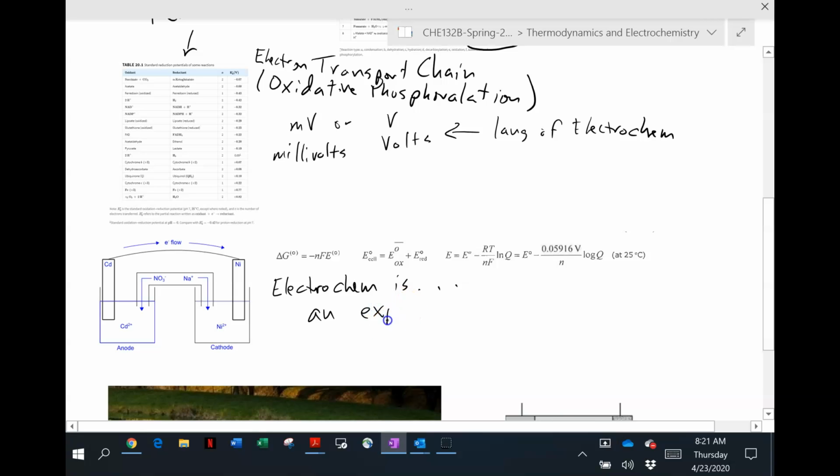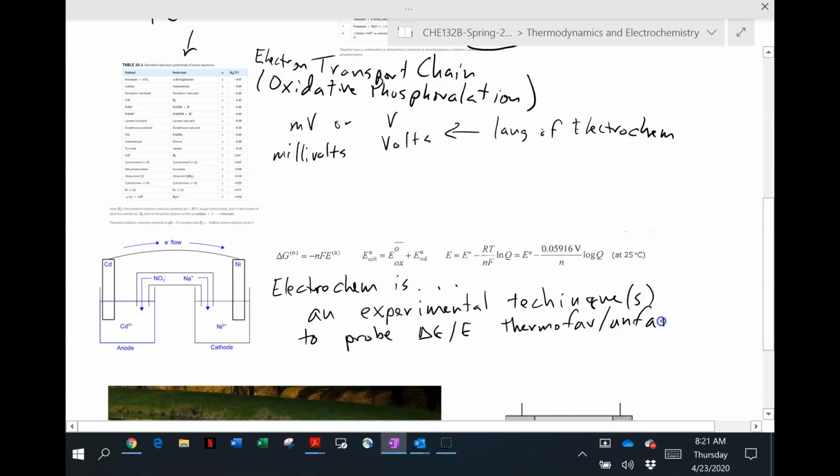And in fact, it's a series of experimental techniques, I should say, to probe the delta G or E, basically thermodynamic favorability or unfavorability. So if you want to study the energetics of a reaction, electrochemistry is a useful technique.